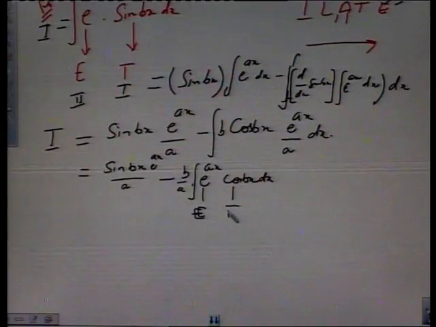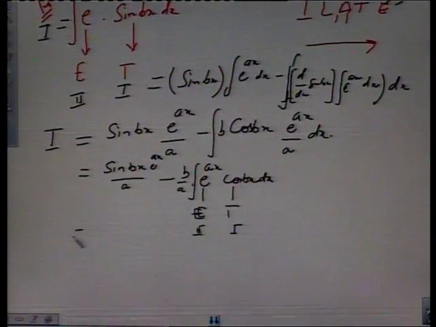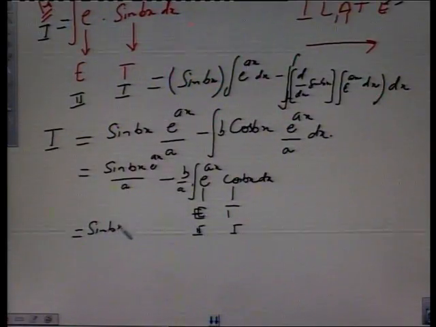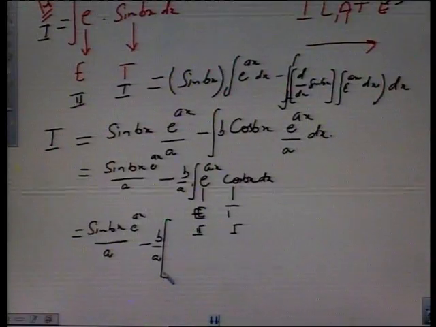So, according to the ILATE rule, we will take this as the first function and this one as the second function. Now, again if you apply this method, sin bx upon a e raised to power ax, that first term, remains the same, minus, here becomes b by a, again applying the same formula.